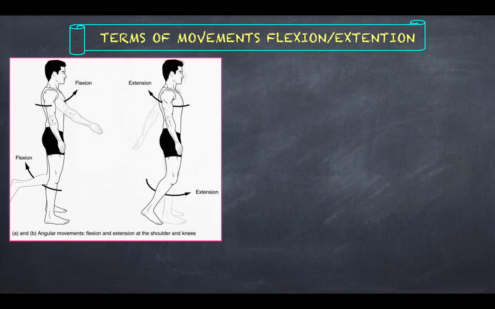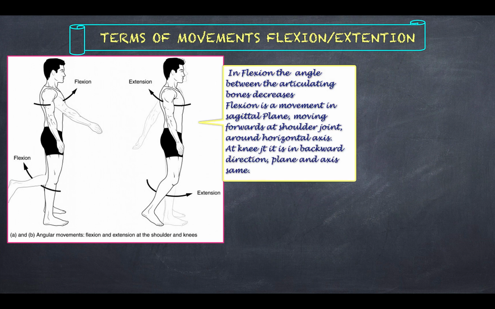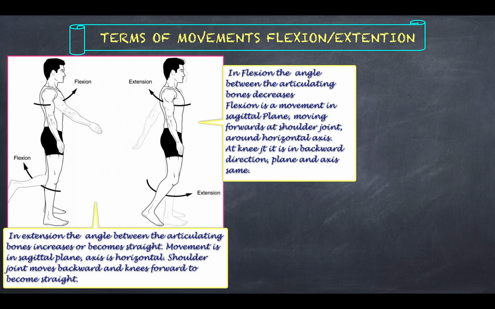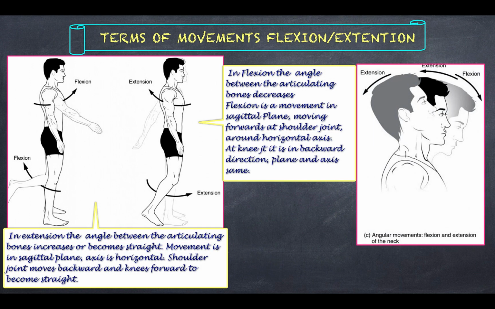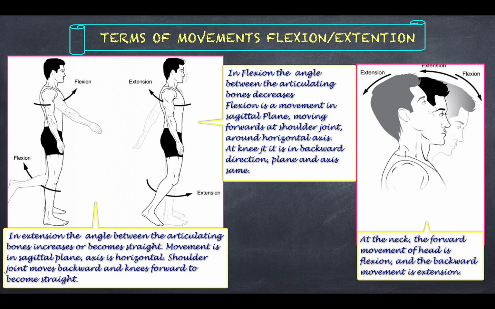Now the terms flexion and extension. They are the first ones which we learned, and they are defined as decreasing the angle at the joint. In the shoulder we go forward for flexion, and backward for extension. At the elbow we bring the lower part of the forearm against the upper arm.